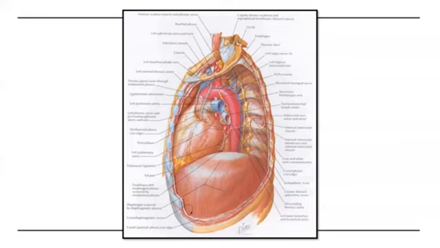So the right recurrent laryngeal nerve originates from the right vagus nerve in the root of the neck, has a higher origin than the left recurrent laryngeal nerve, and it curves around the inferior aspect of the right subclavian, very close to its origin from the brachiocephalic trunk.